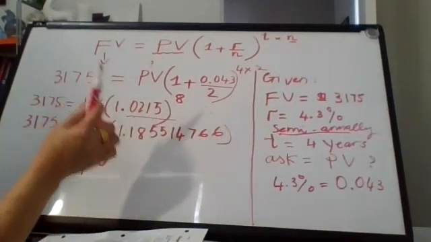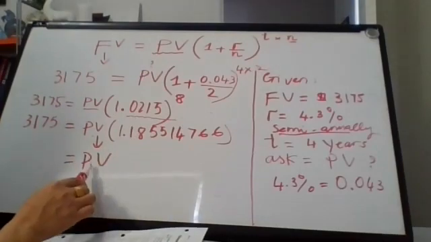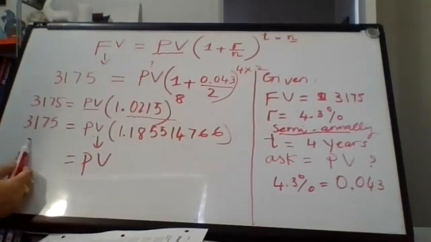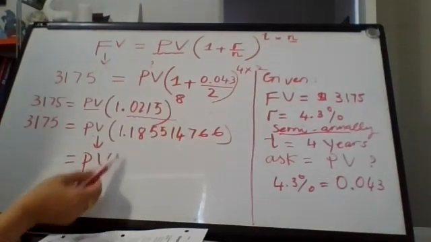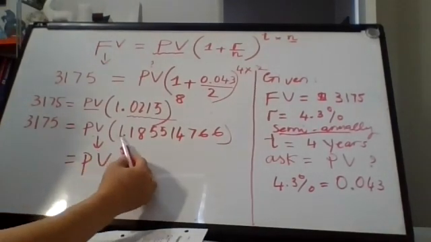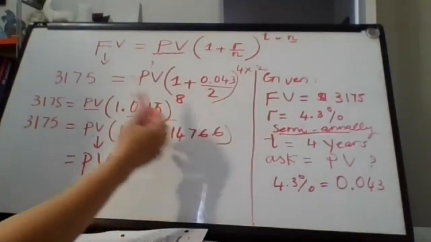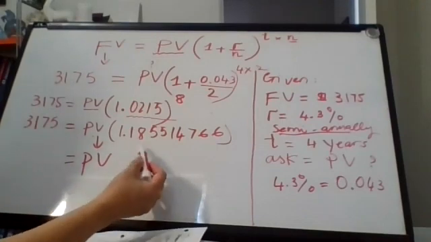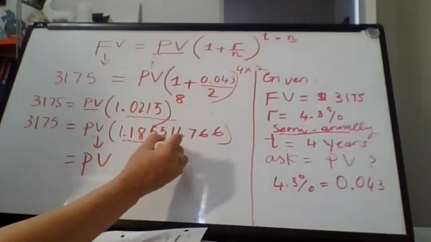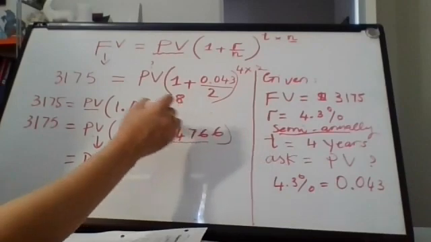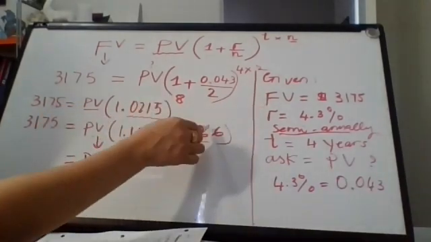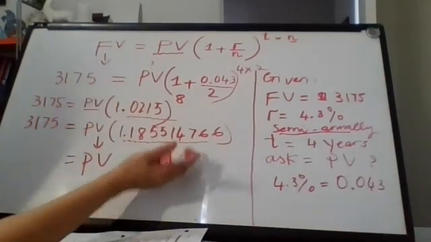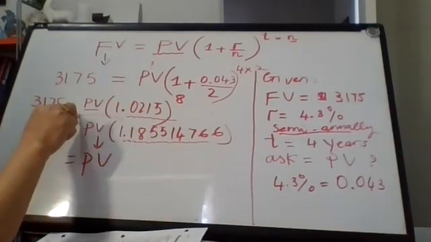Anytime you want to solve for PV, you have to kick this number to the other side, to solve for PV only. You don't want PV multiplied with this number. You want just PV because that's the answer you want to get. So this number here has to be separated from PV by kicking it to the other side. It's on the right, now you kick it to the left.